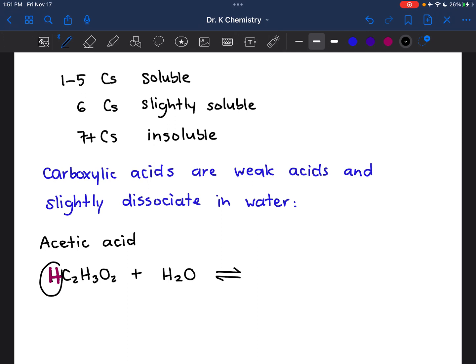And if acetic acid is behaving as an acid, that means it's donating this hydrogen to the water molecule. Well, once it does that, we're forming the hydronium ion. And that leaves the acetate as an anion, as it loses that hydrogen ion.